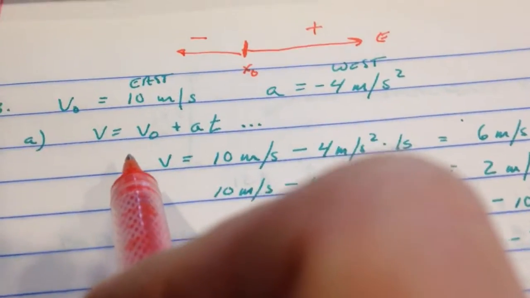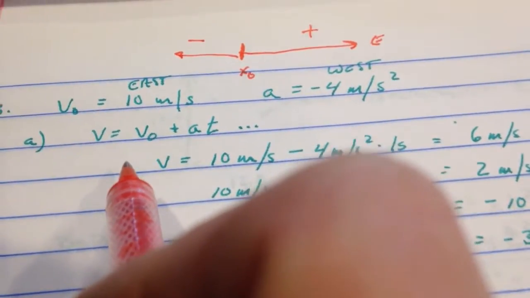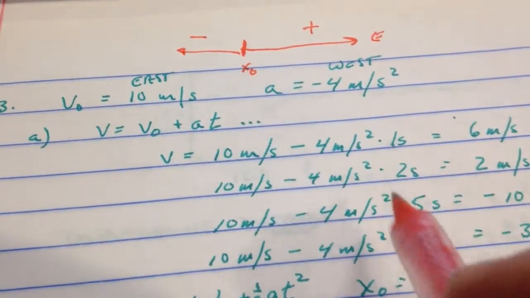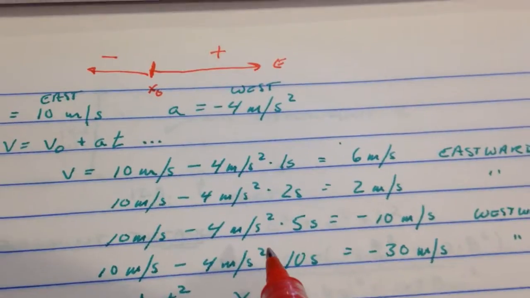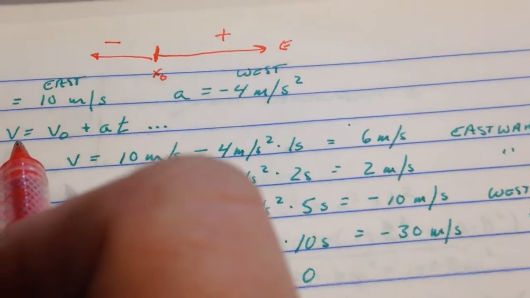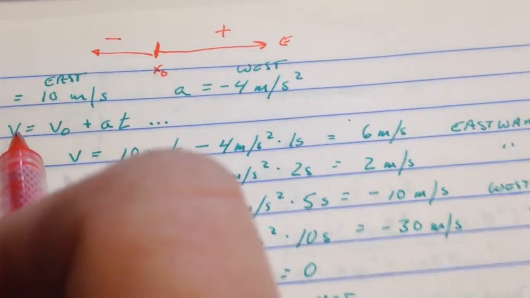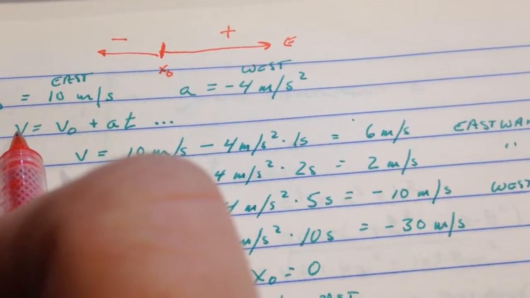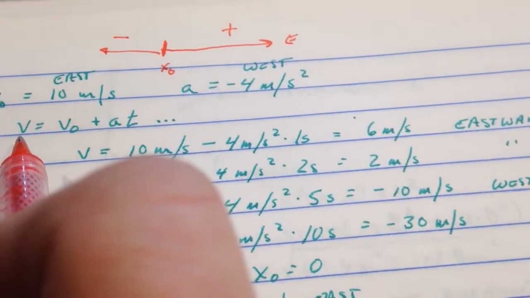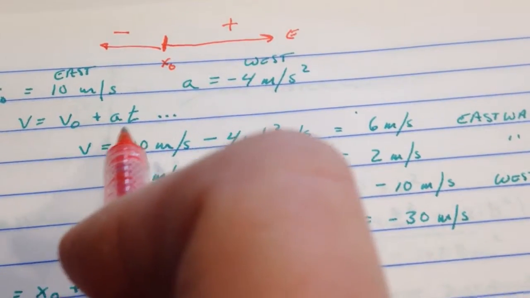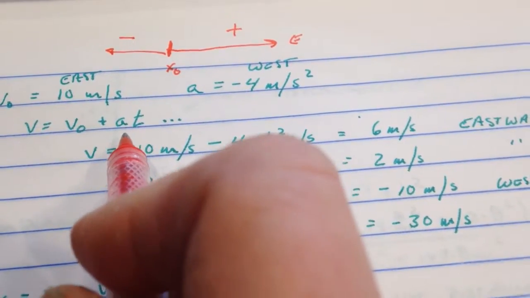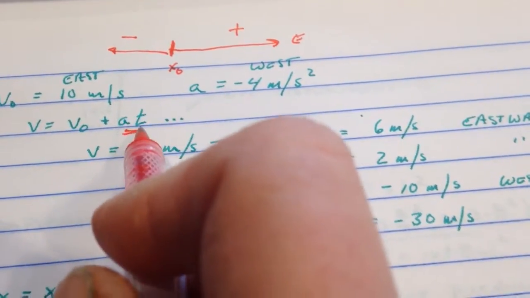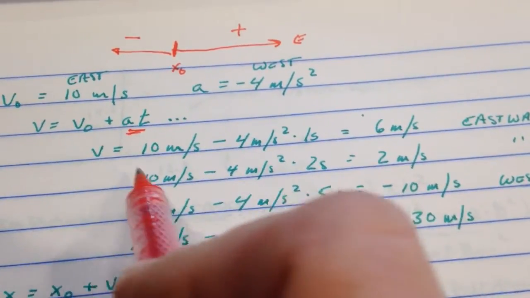The first subpart of this question asks the velocity at each of the same times that I've been asking before. Again, I'm going to be using that equation: current velocity is equal to original velocity plus the change in velocity, which is due to the acceleration, so a times t, the elapsed time.